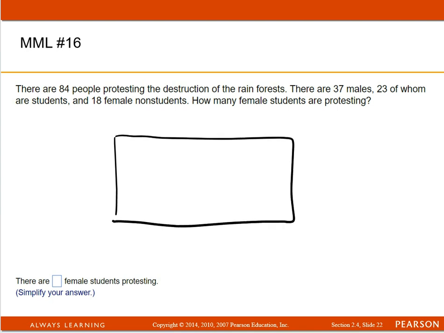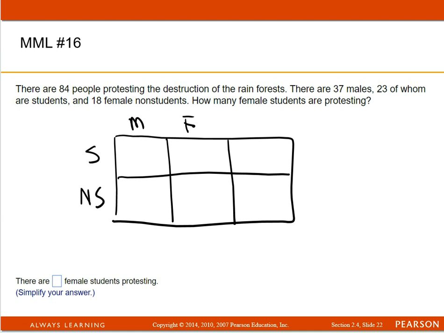And I was like, okay, so I've got males and females, students and non-students, and then I need one more row here. And then this will be a total here and a total there.